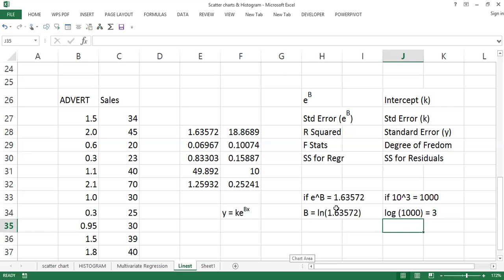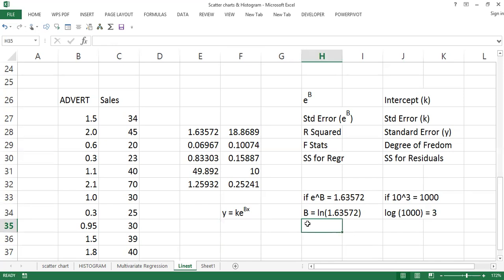Okay, that's exactly what's happening here. This 3 is like b now. e to the power of b equals that. Therefore, log of this is equal to b. You understand? So what does that tell us now?